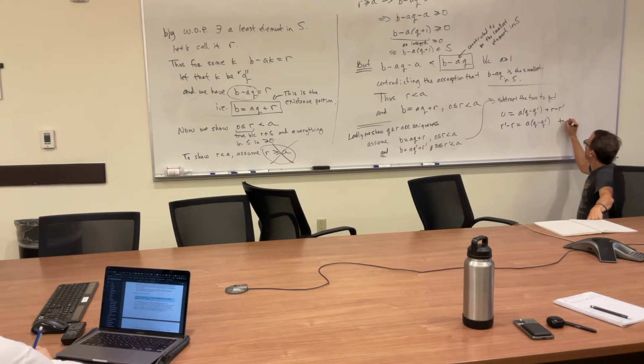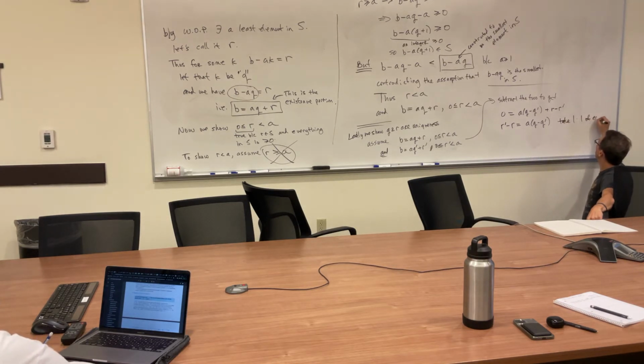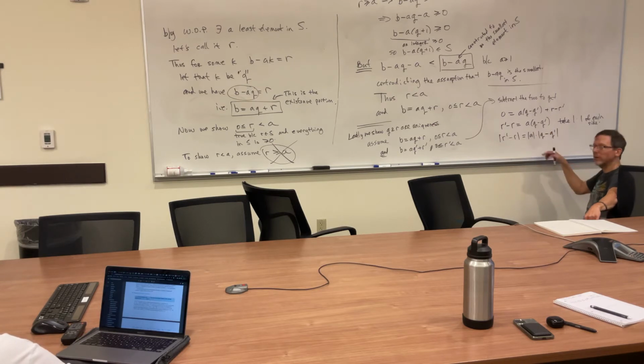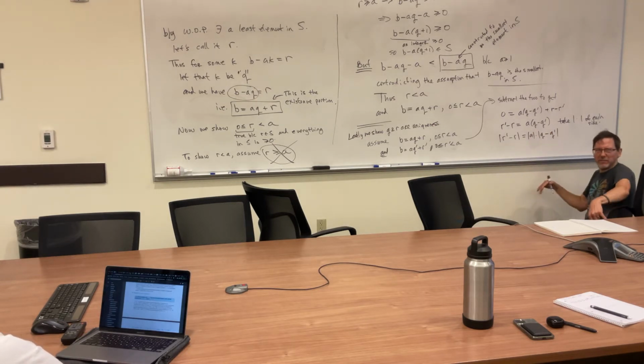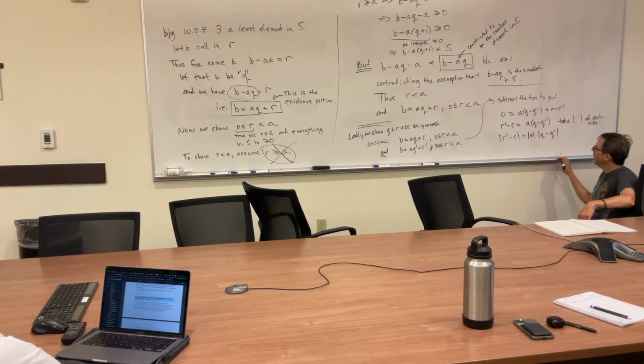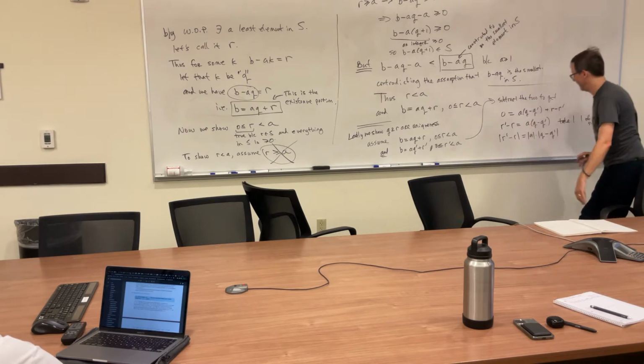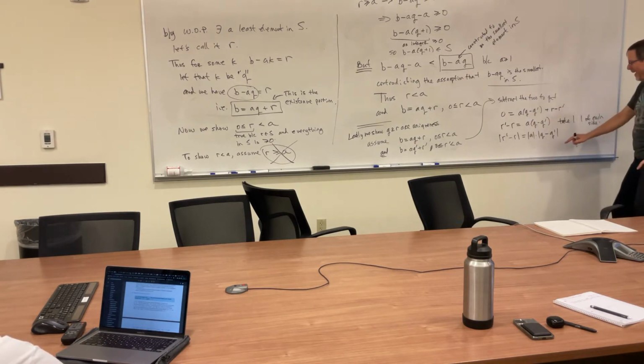So take the absolute value of each side, and we get the absolute value of R prime minus R equals the absolute value of A times the absolute value of Q minus Q prime. I'm using a property of absolute value of products here, just to pull that out. Okay, cool, so we're almost done. We have a finite amount of time together.